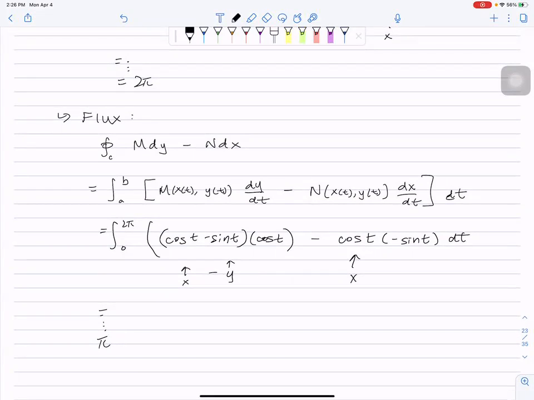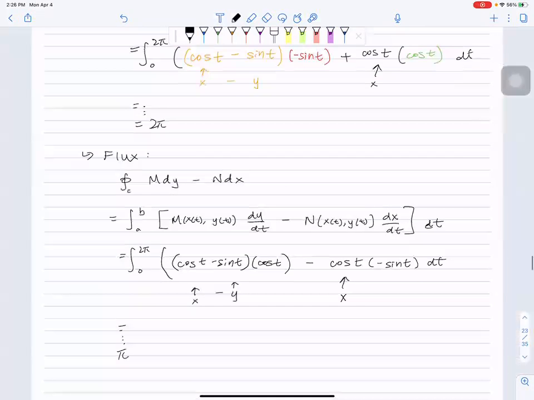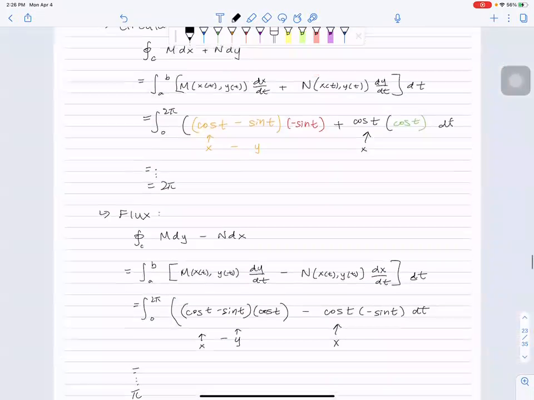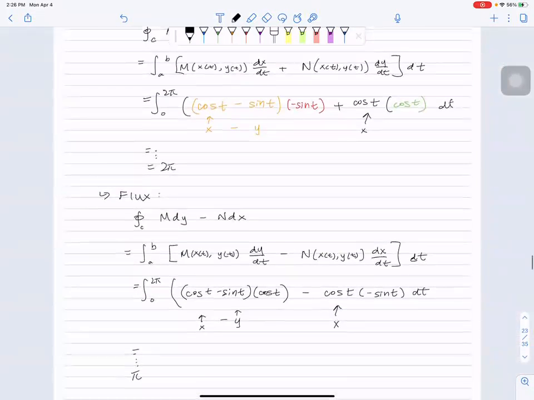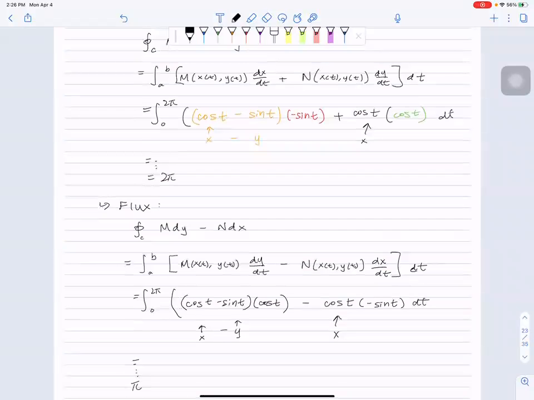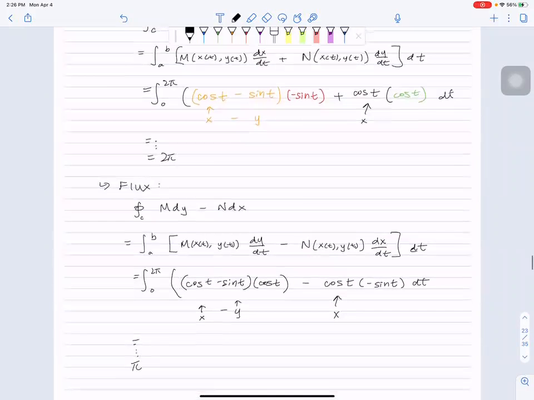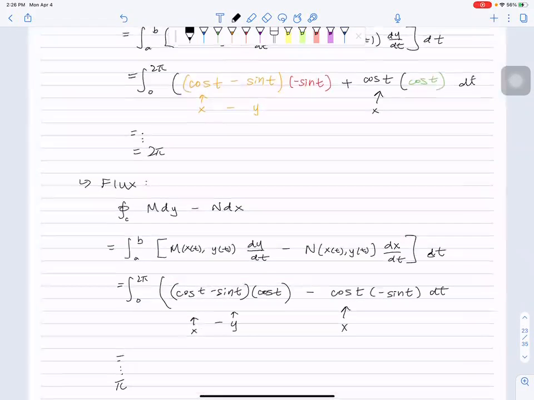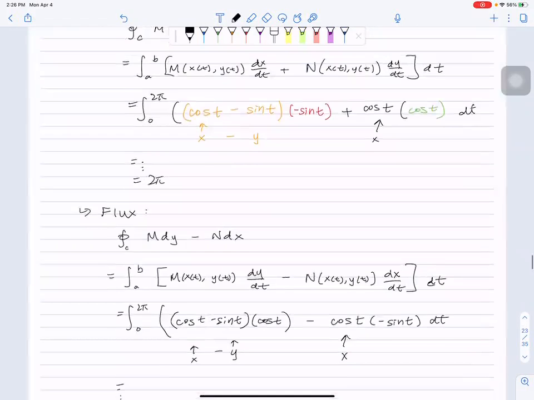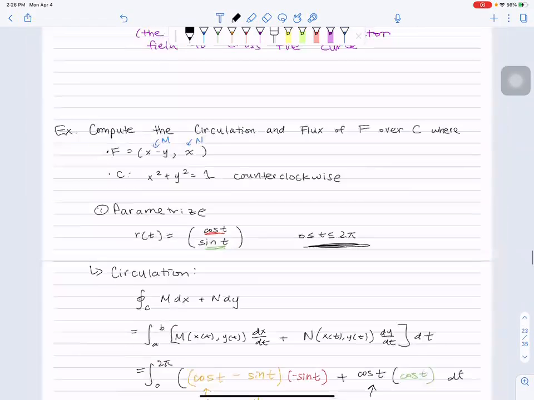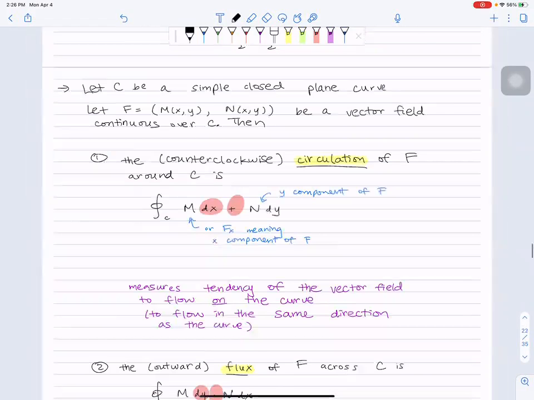Any questions on this example? Is it always 2D? I think most often, yes, but let me see.